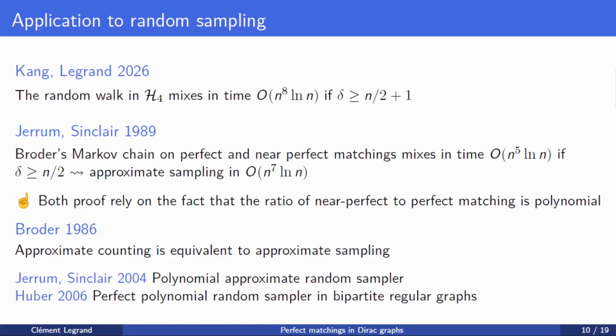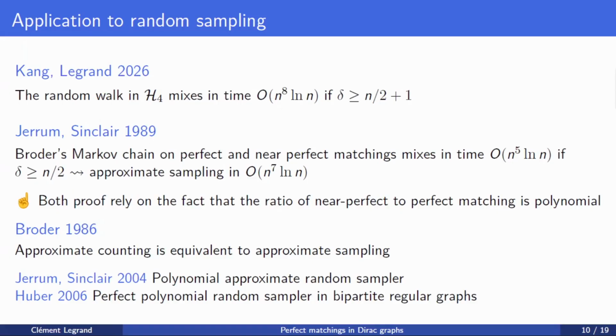So his original motivation was to do approximate counting. And in particular, perfect matchings of a balanced bipartite graph count something called the permanent of some matrix, and this was also studied for a long time. So these were the original motivations.